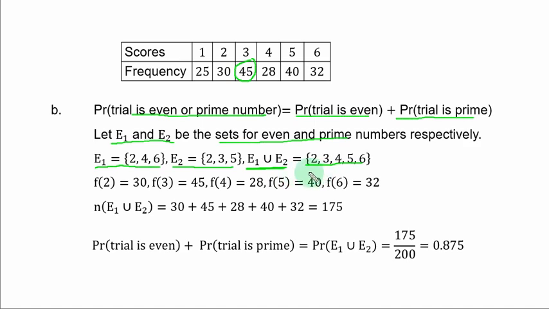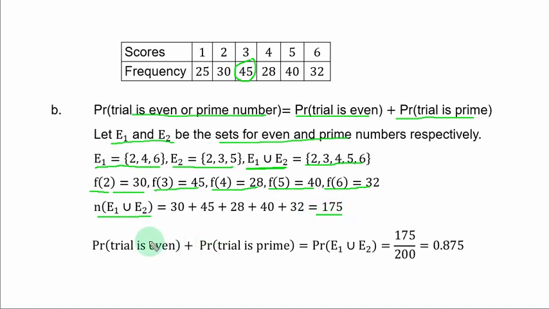So from that union, you have it that frequency of 2. But what we are interested in is how many times each score appear, not the score itself. Frequency of 2, 30. Frequency of 3, 45. Frequency of 4, 28. Frequency of 5 from the table, 40. Frequency of 6 is 32. So let's get the number of elements in E1 union E2. If you add all, you have 175.